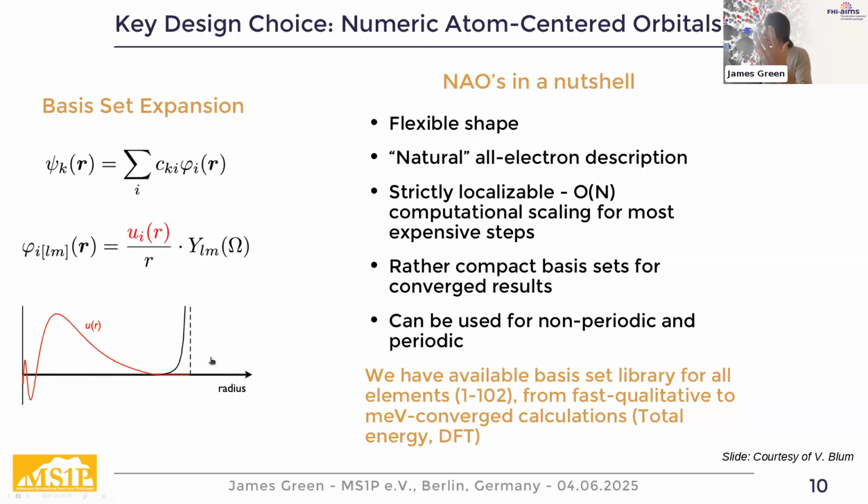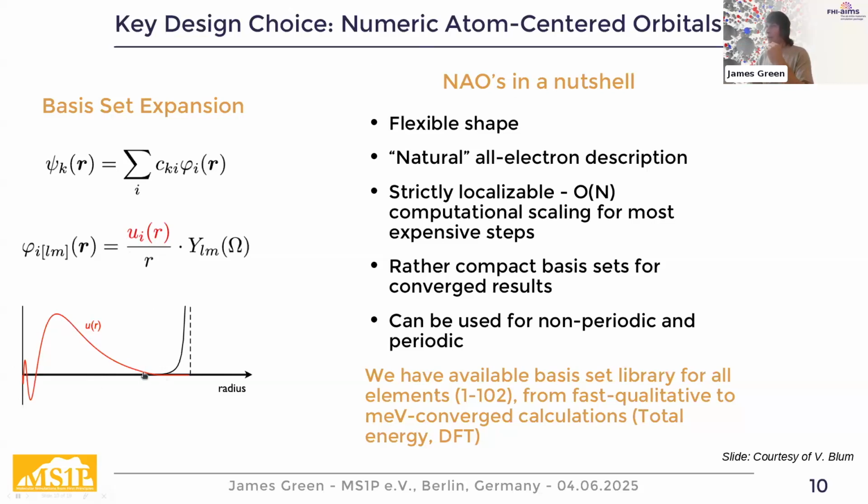And because they're numerically tabulated, they can have a flexible shape. So in particular, we can account for these little wiggles near the nucleus. And they're capable of describing an all-electron description as well. So we fulfill our criteria of being accurate.